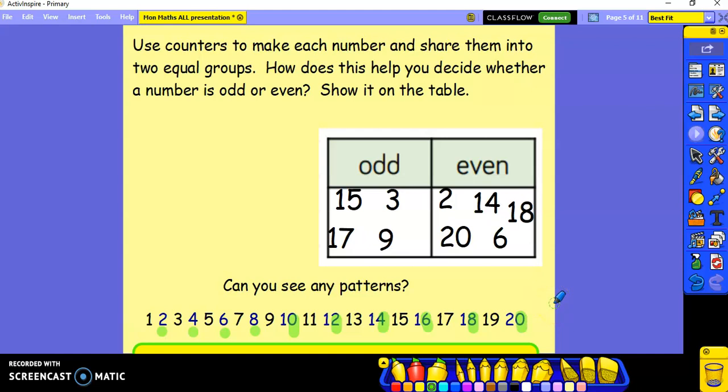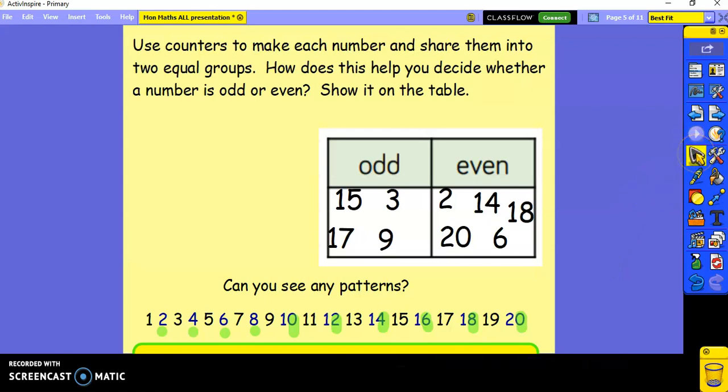So when we are looking at whether a number is odd or even, we need to look at the ones digit. We don't need to worry about the tens, it's the ones that we're looking at. And if it ends with 0 ones, 8 ones, 6 ones, 4 ones, or 2 ones, then the number is even.